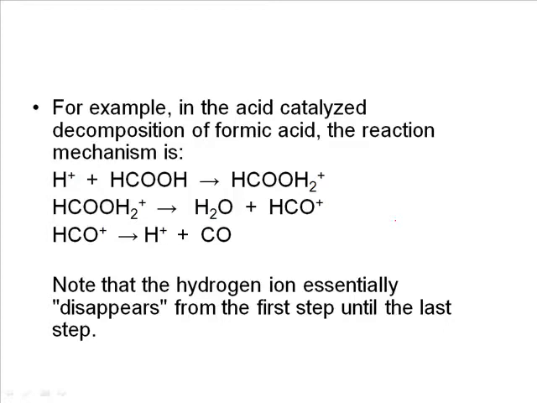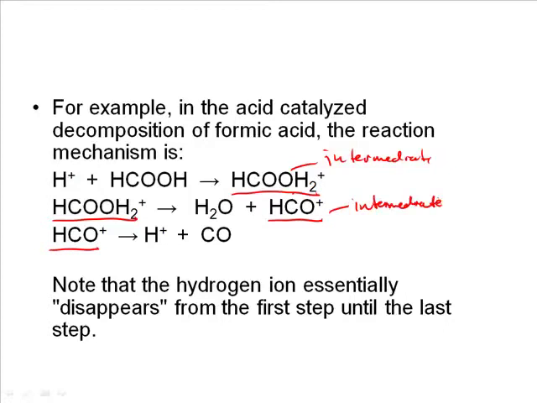For example, here in this reaction, the HCOOH2 plus is formed and then it's used again. That is an intermediate. Okay, it forms HCO plus and the HCO plus is used again. That is an intermediate.